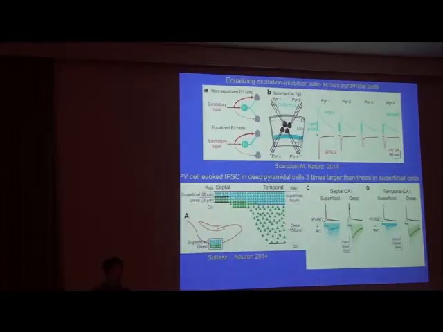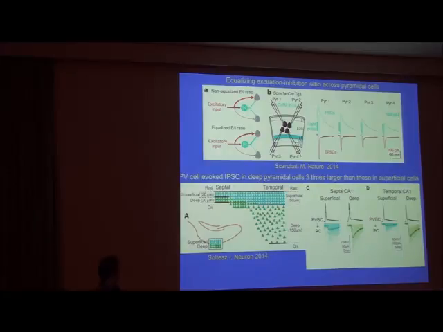So we would like to know the different functions of those different innervations. Also, very interestingly, Massimo Scanziani published a Nature paper on equalizing the excitation and inhibition ratio across pyramidal cells.